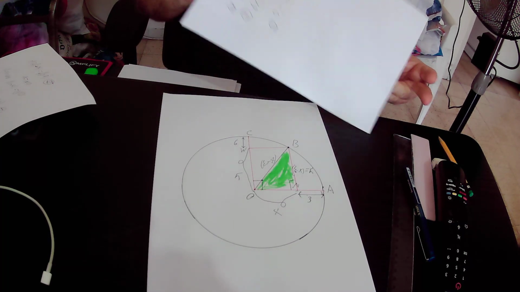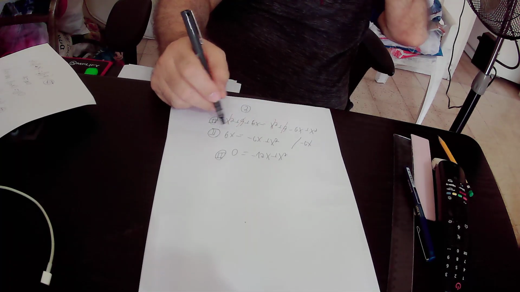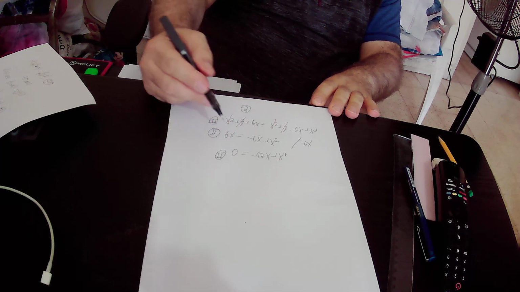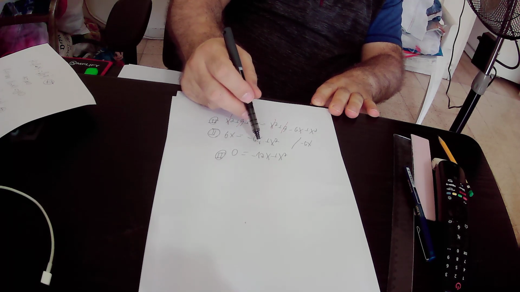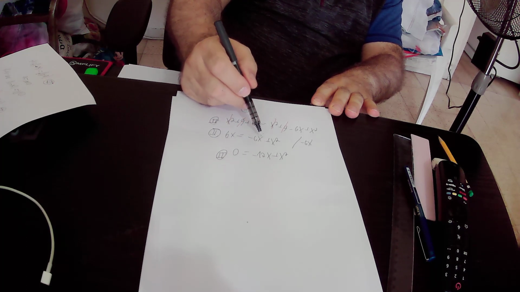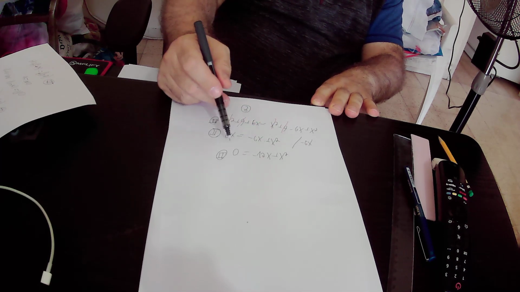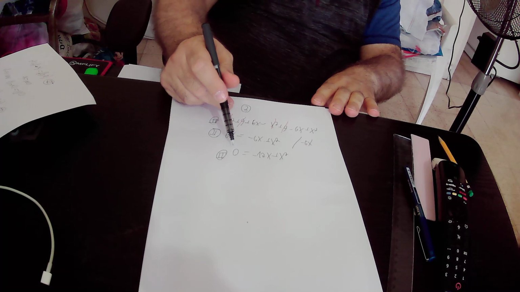So we subtracted 6x from equation number 2. 6x minus 6x equals 0, and 6x minus (−6x) equals 12x... so in total we got −12x plus x², so we take a common factor x from the second equation.